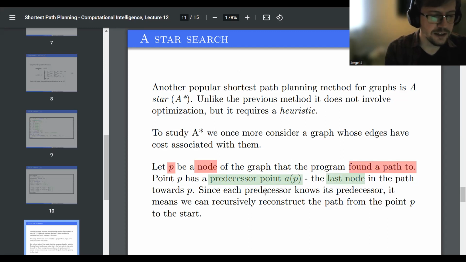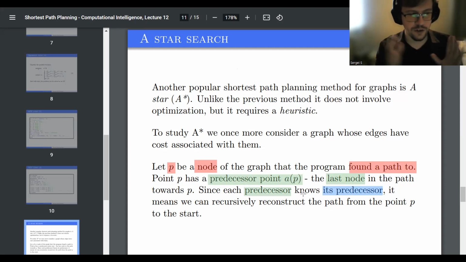Since each predecessor knows its own predecessor, it's kind of like a matryoshka doll. They know what comes before, and their predecessor knows what comes before, etc. We can recursively construct the path from P to the start. All we need to know is the previous point in the path.